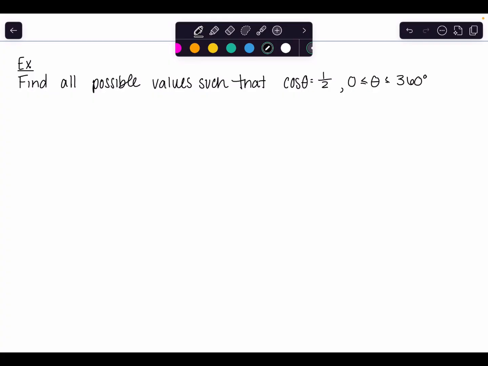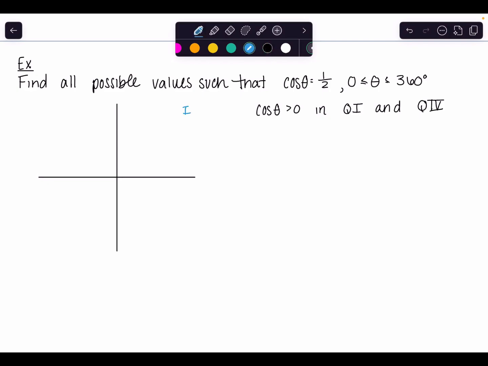But if you think about this, our cosine function has to be positive. So cosine of theta is going to be positive in quadrant 1 and quadrant 4, because that's down at the bottom. Using our all students take calculus, cosine is positive in 1 and 4.